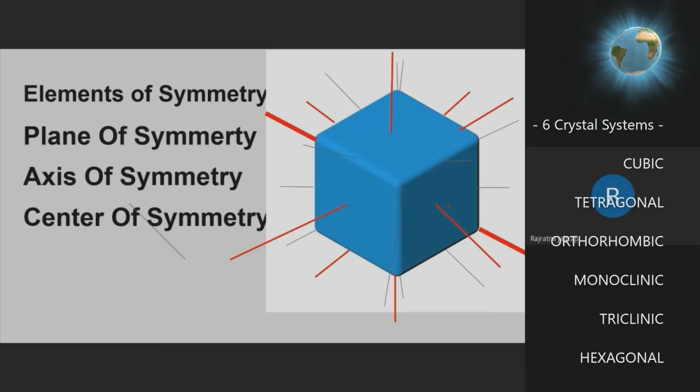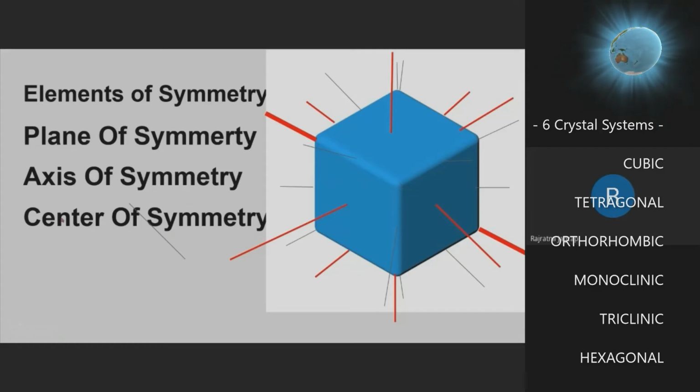There will be an opposite same kind of square shaped face on the left hand side, back side. So this axis passes through the center to the opposite face center. So this is one logical approach to check the crystal whether this can become an axis of symmetry or not.